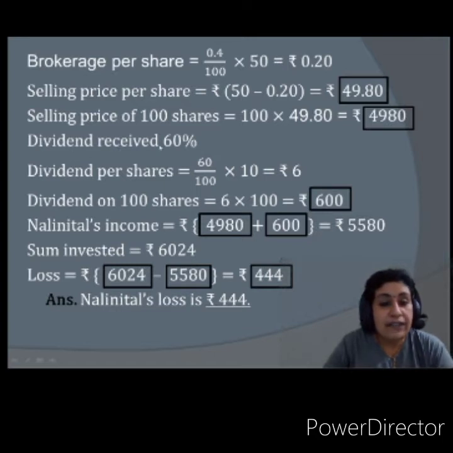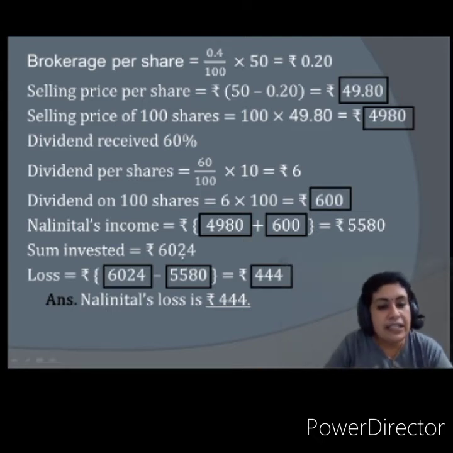So the dividend received is 60% on the face value, that is 10, that is rupees 6. So dividend on 100 shares will be rupees 600. Her income after selling those 100 shares is 4,980 plus the dividend of 600 received, that is a total of 5,580.